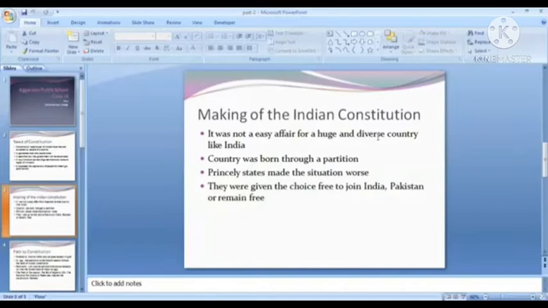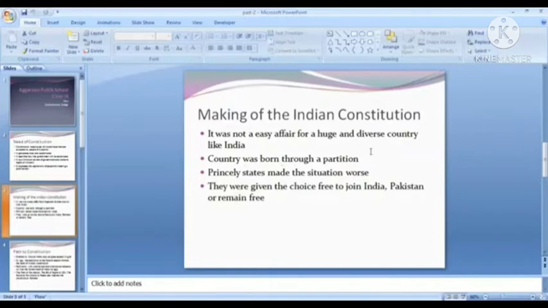To make a constitution for such a huge and diverse country is not an easy affair. The diversity of the country is a problem which the Indian leaders had to face at the time of making of the constitution.